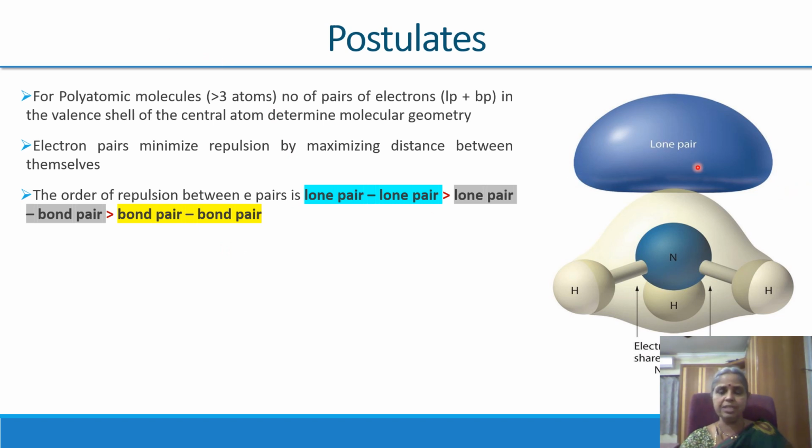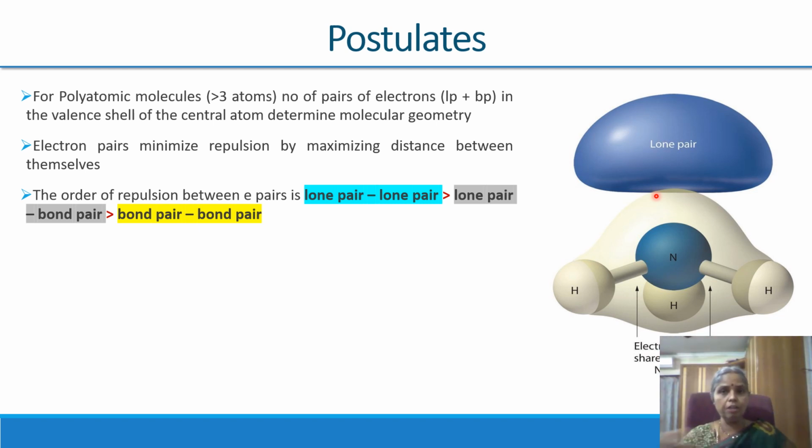You can see in this picture that is projected, lone pair is like a big hat. Ammonia molecule is shown here. On top of nitrogen, there is one lone pair. See, lone pair is occupying so much space because lone pair of electrons are under the influence of one single nucleus. They occupy a large volume.